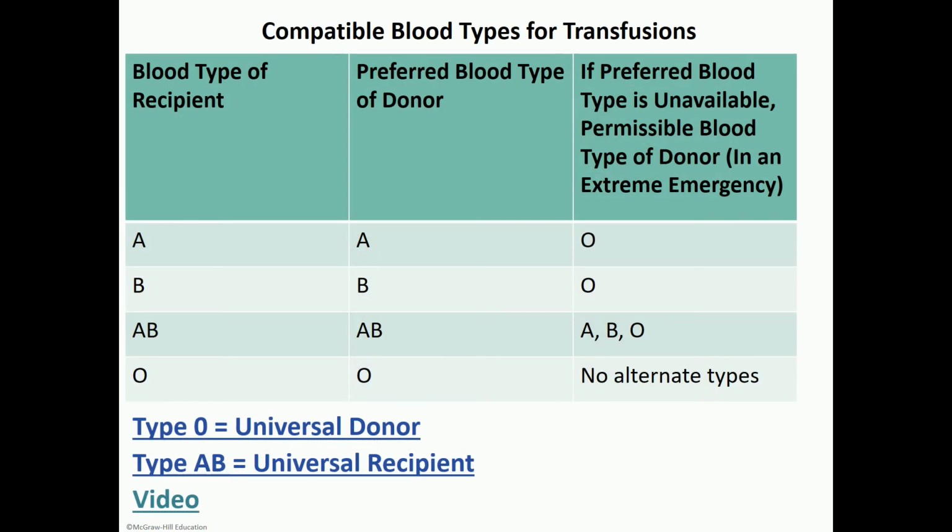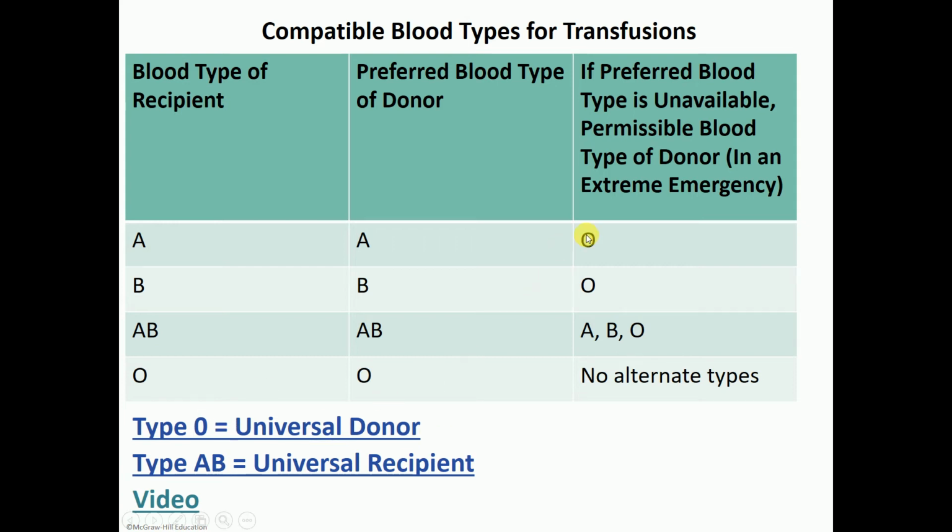So what are the compatible blood types to give to patients? Obviously the preferred blood type would be the exact same type as the recipient. What if it's not available? Blood type O is pretty safe for everybody. Type O is considered the universal donor.